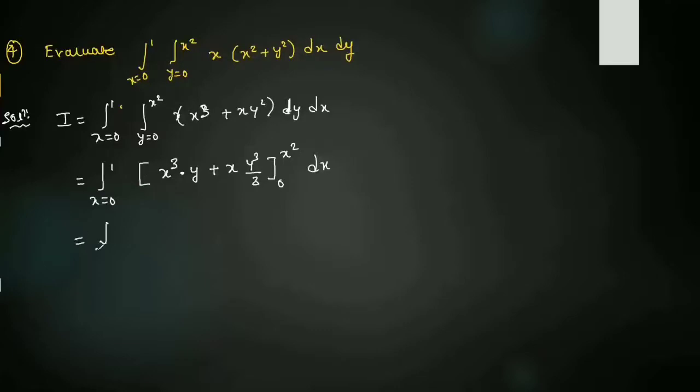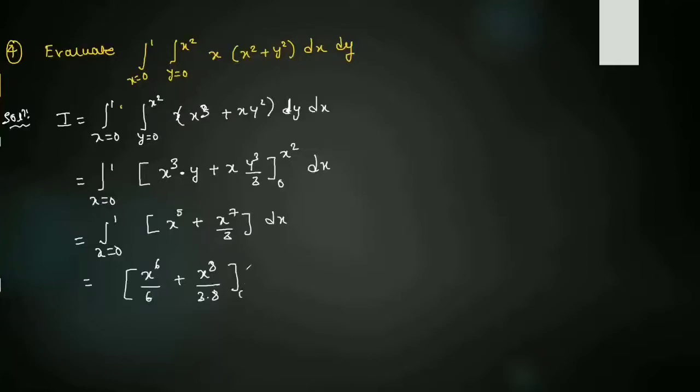If we substitute the limit x square, it will be x to the power 5 plus, here if we substitute again x square, x square means x to the power 6, and x to the power 7 it is. So integrate with respect to x, you get x to the power 6 by 6, x to the power 8 by 3 into 8.